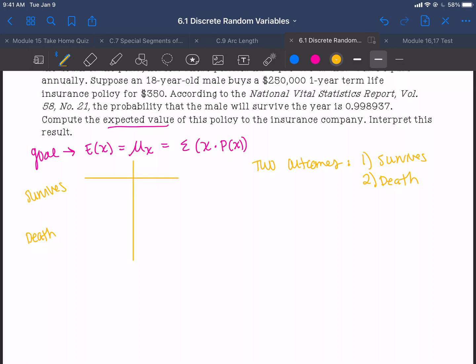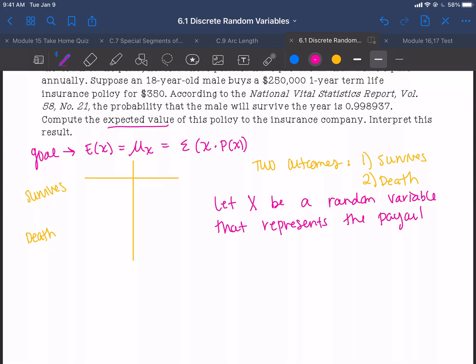Okay, so we need to figure out, well, what is the x value when that occurs? Okay, so let's let x, we like to denote our variables, let capital X be a random variable that represents the payout. Okay, so that would be to the insurance company.